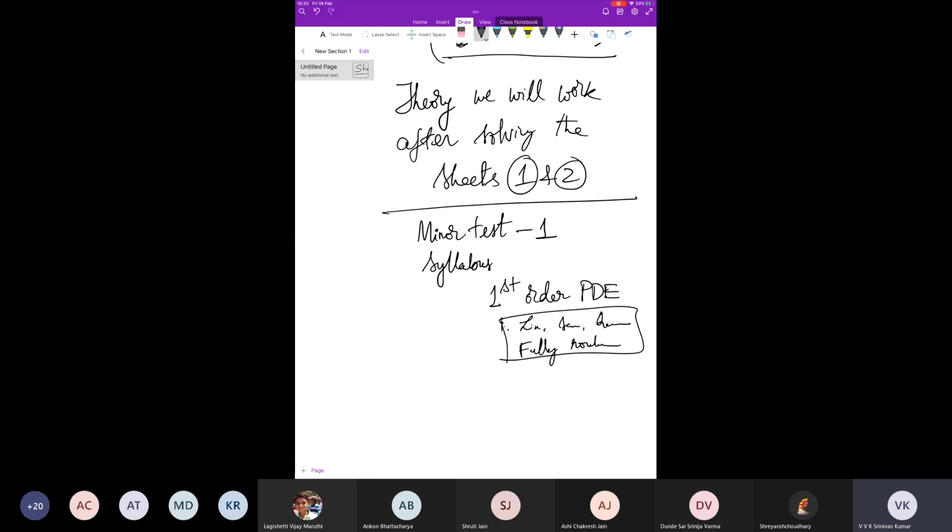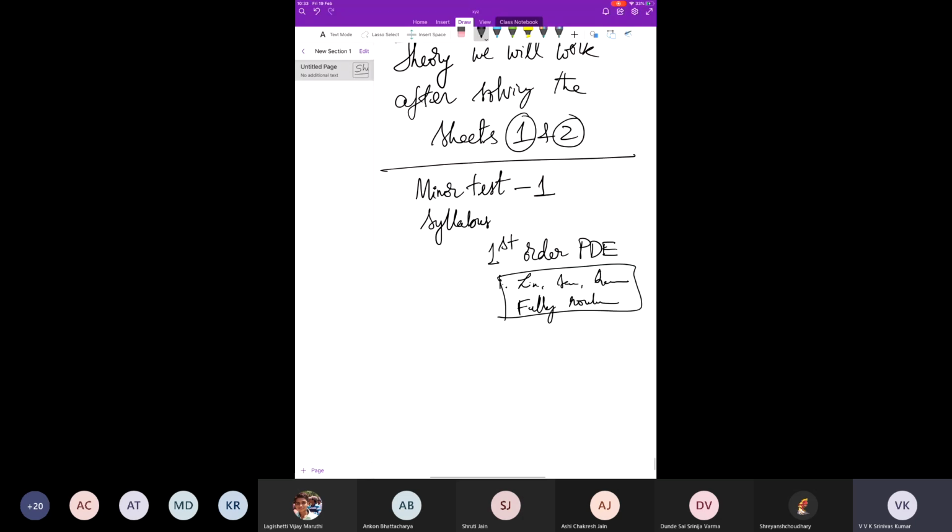Plus exercise sheets 1, 2, 3. This is the syllabus for minor test 1, 25 marks. Okay.